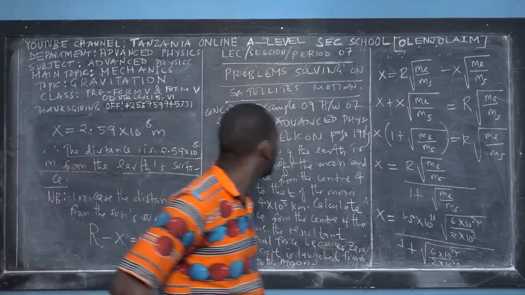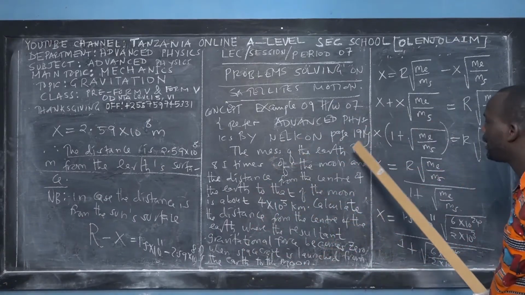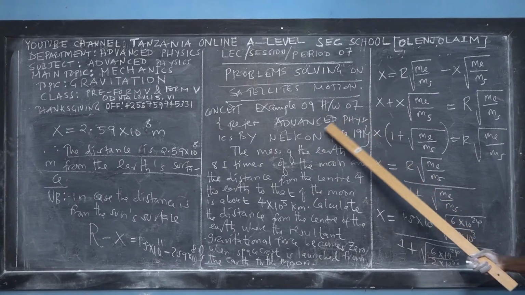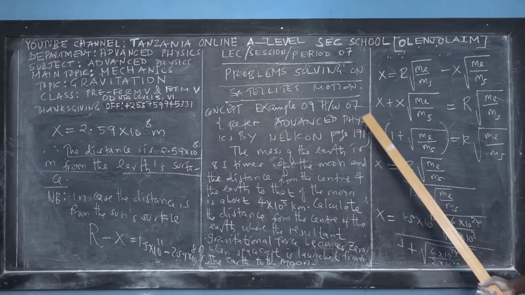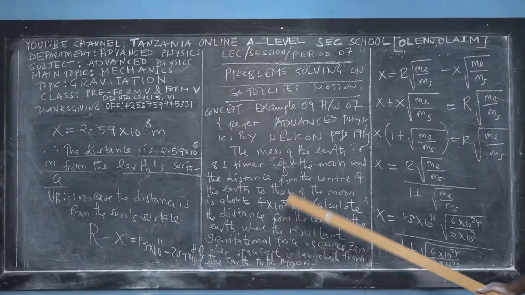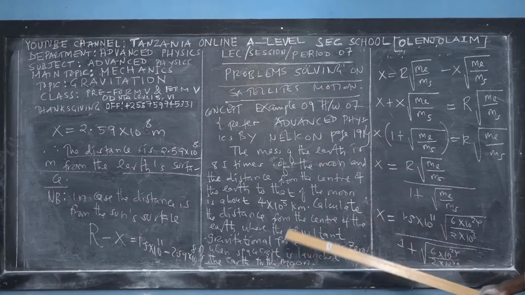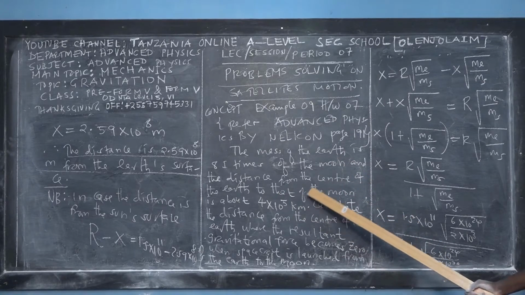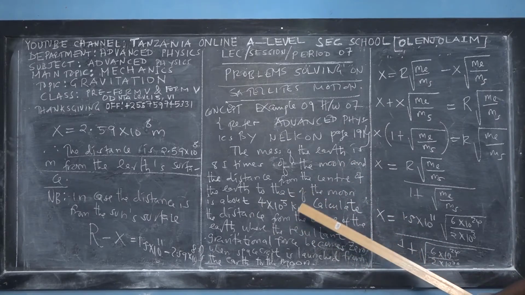So let me read the question. The mass of the Earth is 81 times the mass of the moon. Remember these questions I took from the Advanced Physics book by Nelkon and Parker, page 191. The mass of the Earth is 81 times the mass of the moon, and the distance from the center of the Earth to that of the moon is about 4 exponent 5 kilometers.